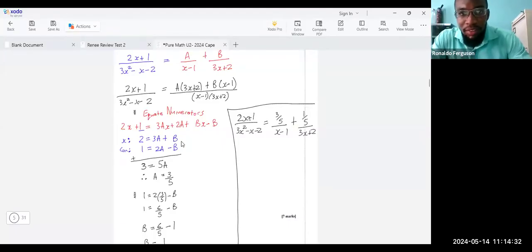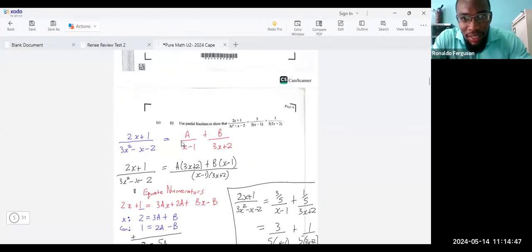And then we can simplify this by putting them together as one fraction. So it is 3 over 5 in bracket x minus 1 plus 1 over 5 in bracket 3x plus 2. I hope that's the answer.